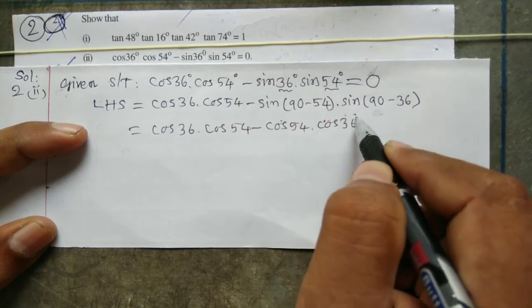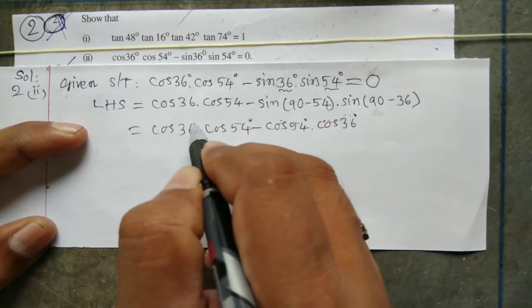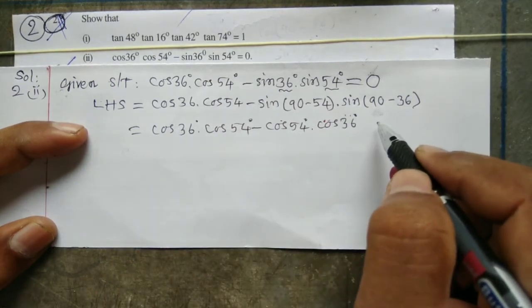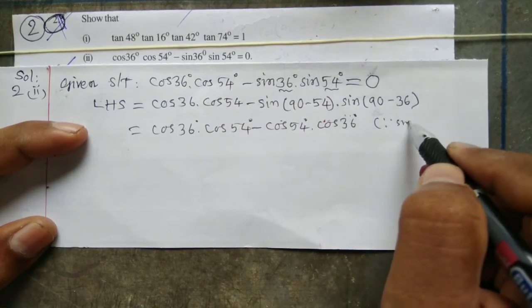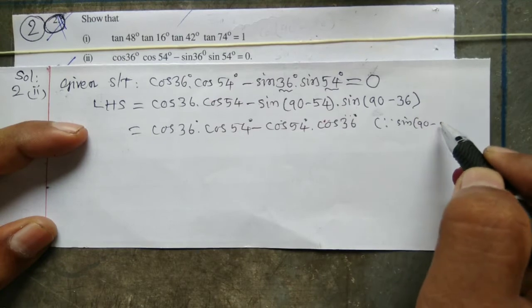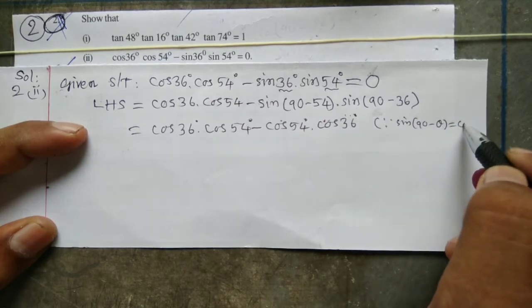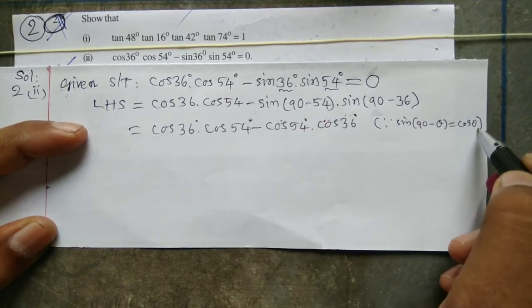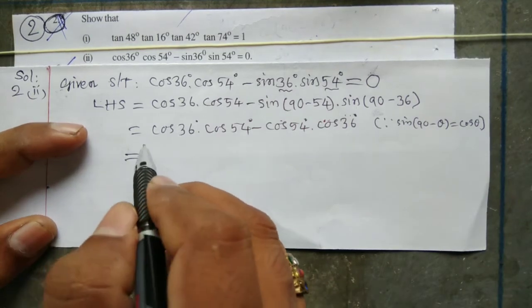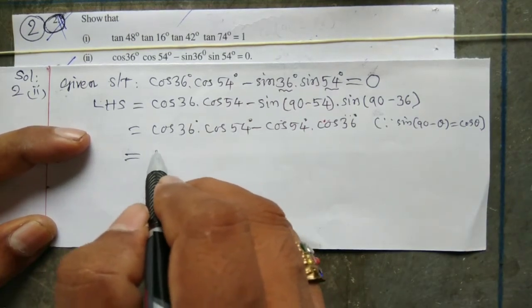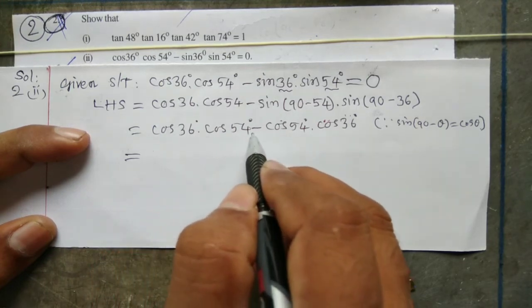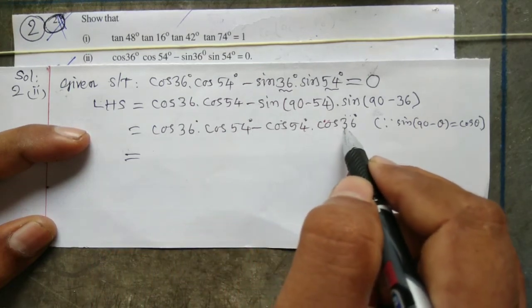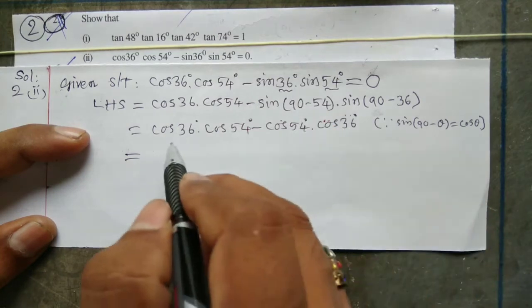These all are degrees only, because sin 90 minus theta is equal to cos theta. This is the formula. Cos 36 cos 54 minus cos 54 cos 36, these two are same.